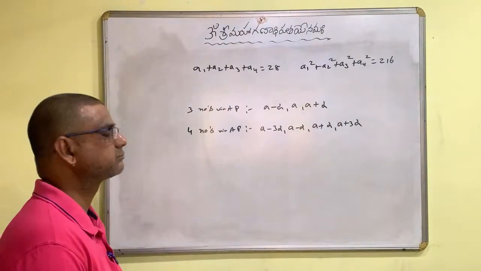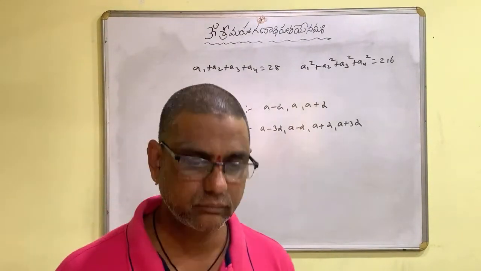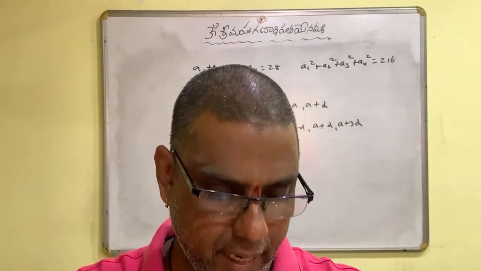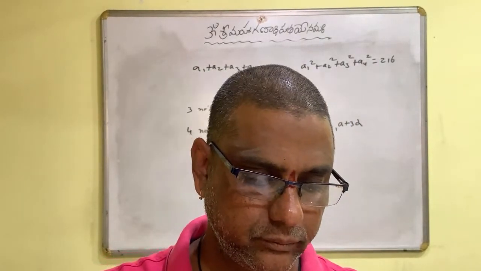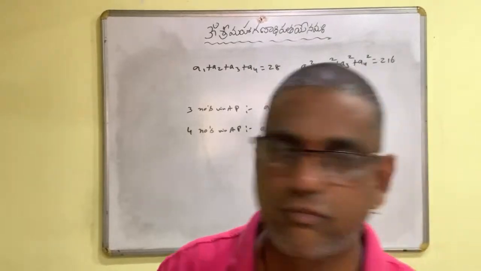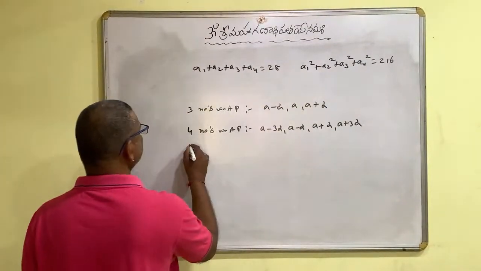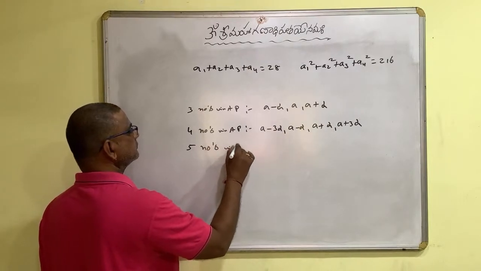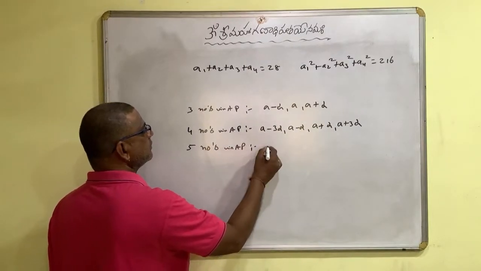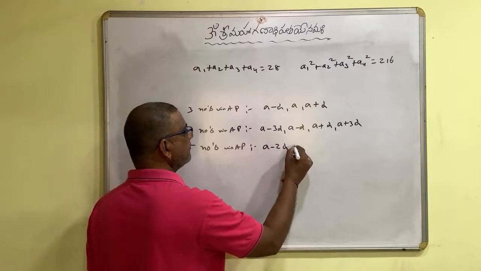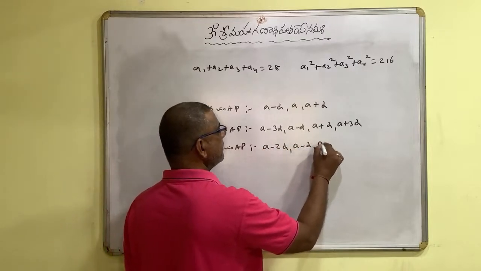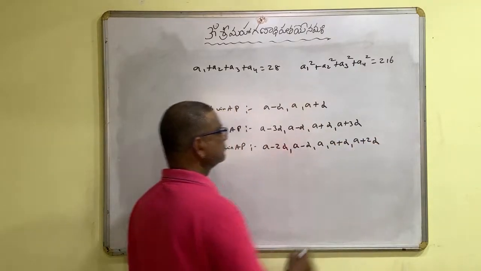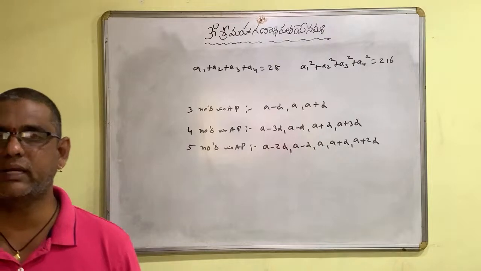Understood? Now, if we are talking about 5 numbers which are in AP, a minus 2d, a minus d, a, a plus d, a plus 2d. We have to consider like that.